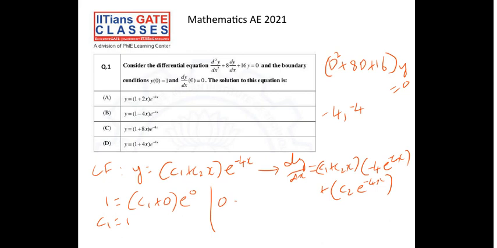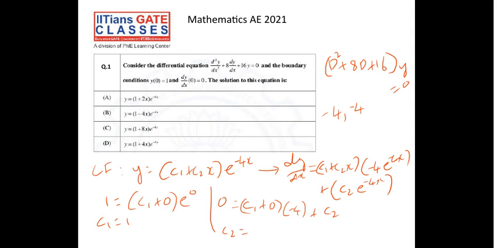So 0 is equal to c1 plus 0 into minus 4 plus c2 into e raised to 0 is again 1.